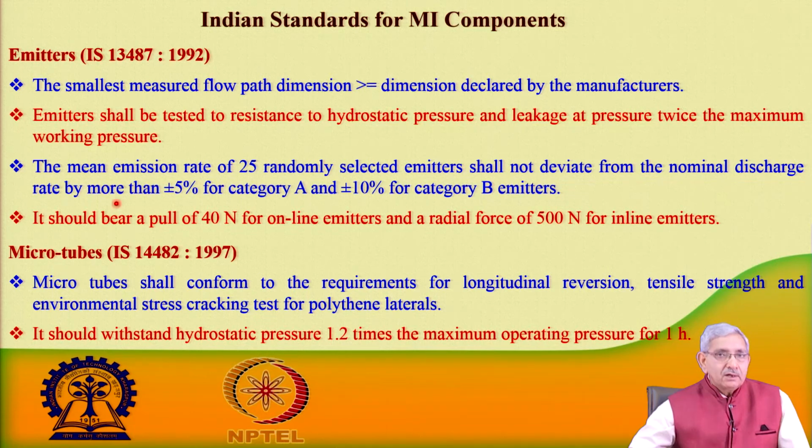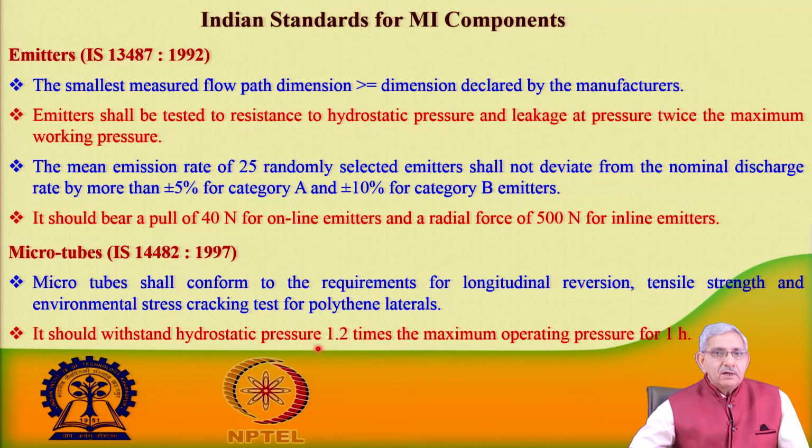Micro tube has got another code, and it should conform to the requirement for longitudinal reversion, the tensile strength and environmental stress cracking for the small polyethylene tubings, because micro tube is a polyethylene tube, made up of LDPE or LLDPE.